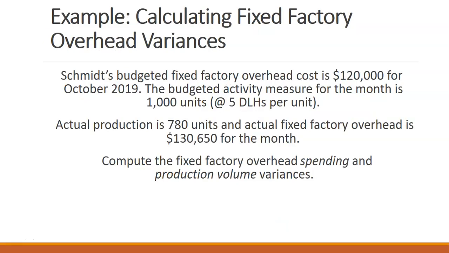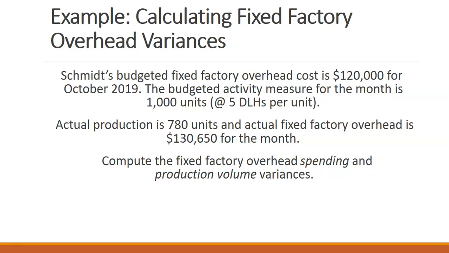So we're going to look at an example with budgeted fixed factory overhead. So we have a total overhead cost of $120,000 budgeted for October. Our activity measure for the month is 1,000 units times 5 direct labor hours per unit. The actual production was 780 units, and our actual fixed factory overhead is $130,650.